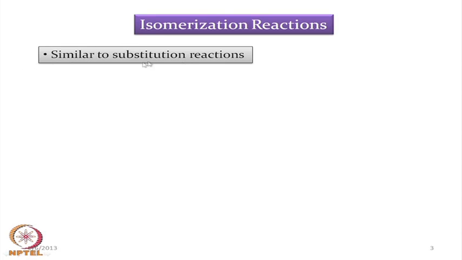So far we were talking about substitution of one particular group, that means the replacement of X by Y. X is removed from the system first, then Y enters the system. In a similar fashion, the isomerization of molecules can also take place, where the substitution reactions are similar to the corresponding isomerizations.